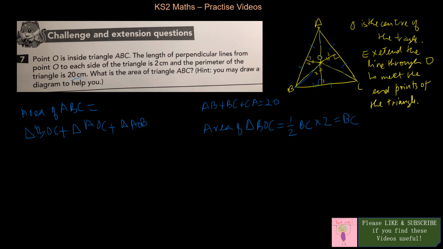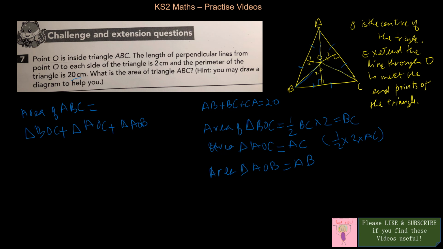Similarly, the area of triangle AOC equals half times AC times 2, and in the same way triangle AOB equals half times AB times 2. They're all areas.